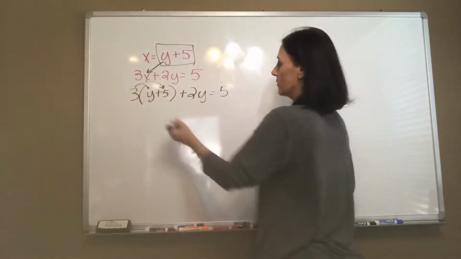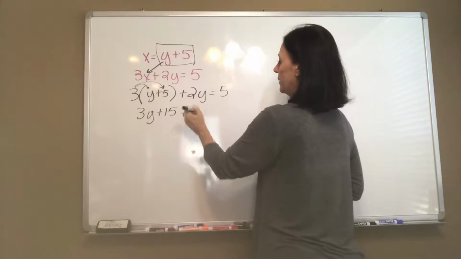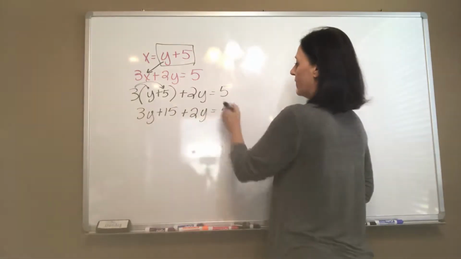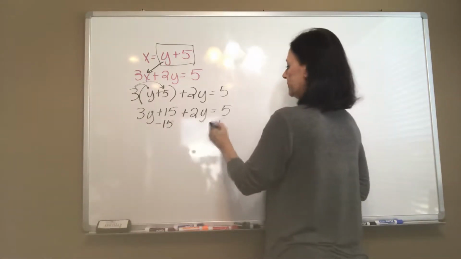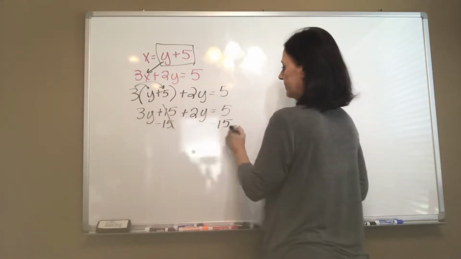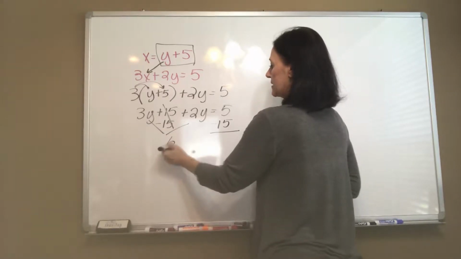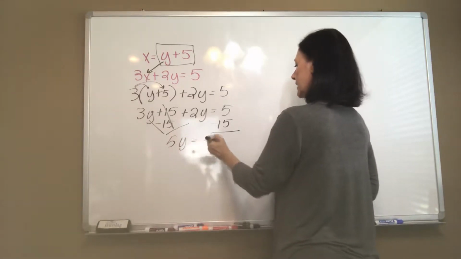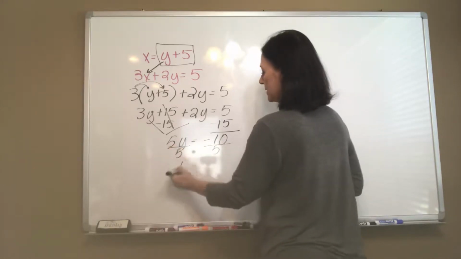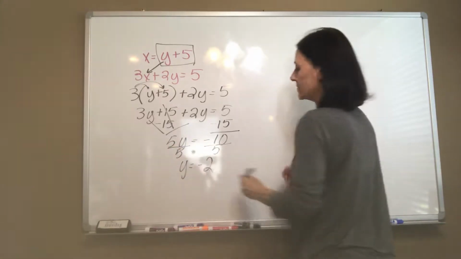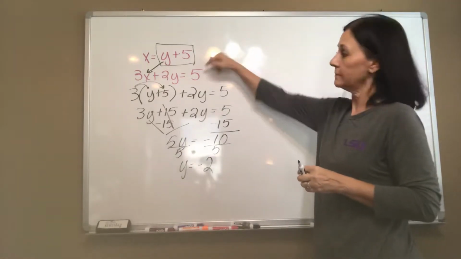Distributing the 3, we have 3y plus 15 plus 2y equals 5. I'm going to subtract 15 from both sides, combine my like terms, and that's 5y equals negative 10. Dividing by 5 on both sides, y is negative 2. That's my y value, where these two lines intersect.